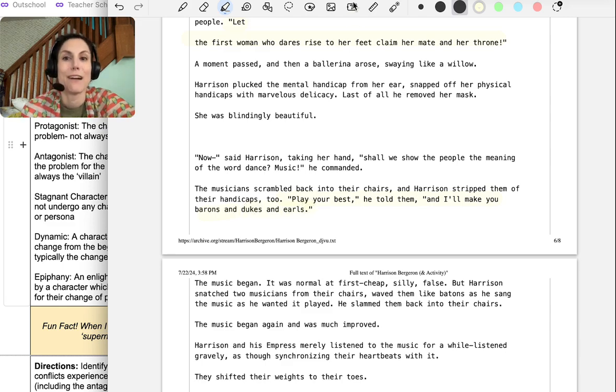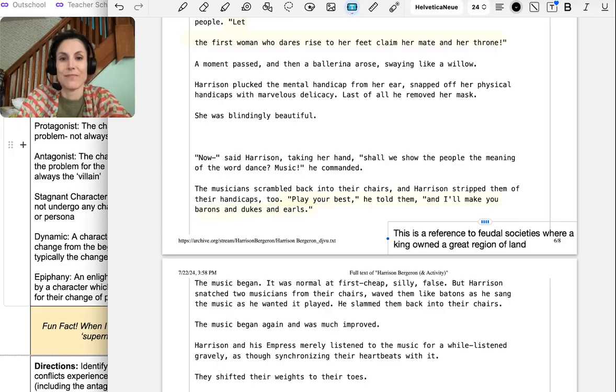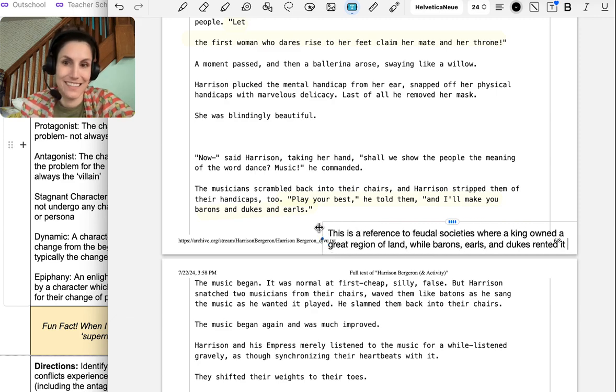This would be a reference to feudalism. This is a reference to feudal societies where a king owned a great region of land while barons, earls, and dukes rented it, either because they were in favor of the king or however you'd say.